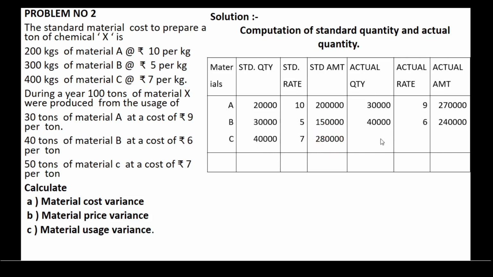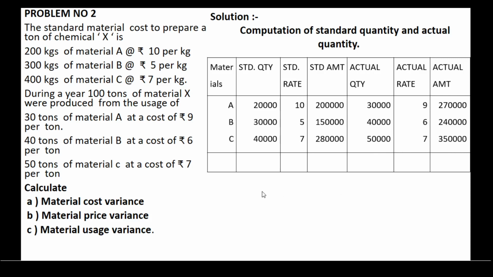And next for the actual quantity of the material C, that is 50 tons, means 50 into 1000 kgs. So now that is 50,000 kgs. The actual price for the material C is rupees 7. Now the actual cost for the material C is 50,000 into 7, 3,50,000 rupees.